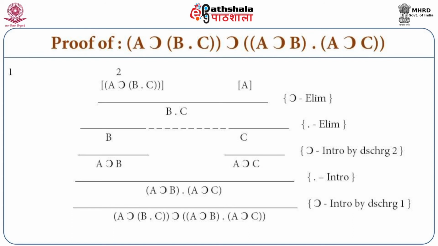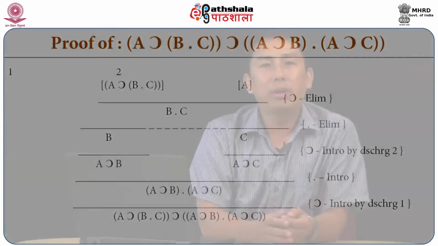So this is how, by these rules of introduction and elimination, we can prove the truth of any sentence within the system. Now you have seen what we can do with this natural deduction system. What is novel here is that we are no longer appealing to extra-linguistic factors for checking the validity of any arguments or the truth value of a sentence.